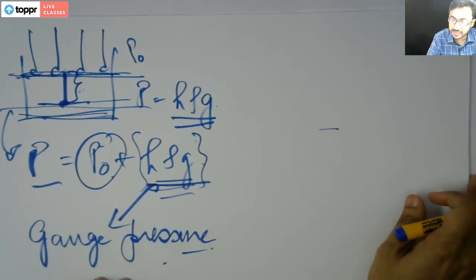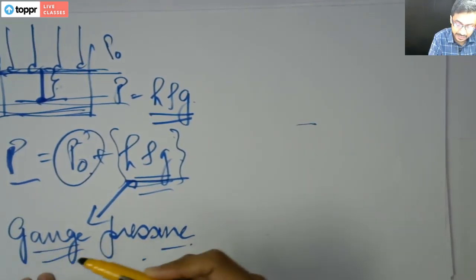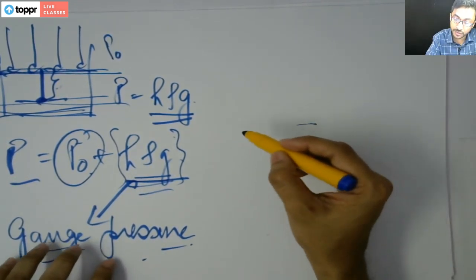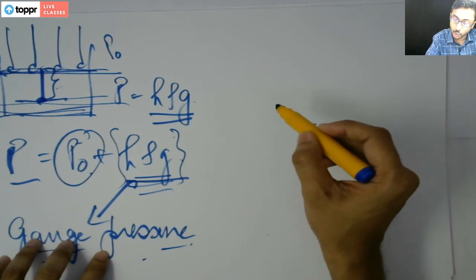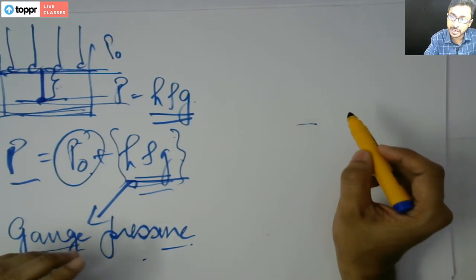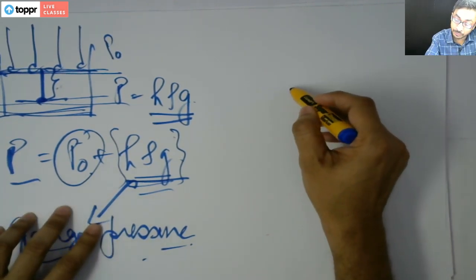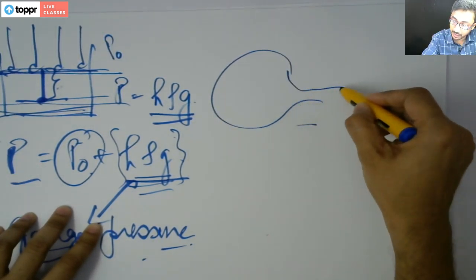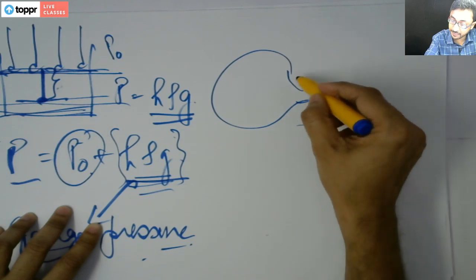From where does this gauge pressure come? Gauge also means a difference. It comes from an instrument called the manometer, which measures the difference of pressure.